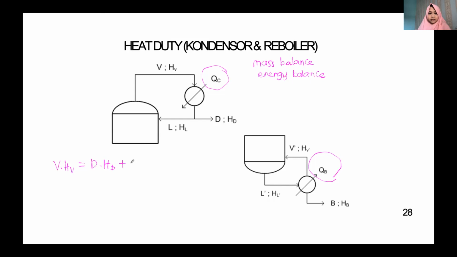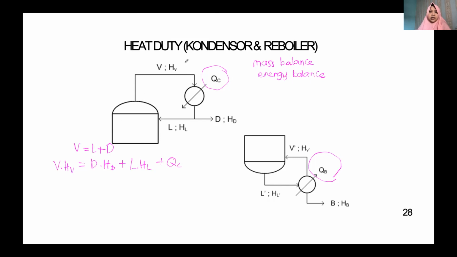And then we need to add QC as well. Okay, so this is the energy balance, and for the mass balance it would be V equals L plus D, right? Yes.